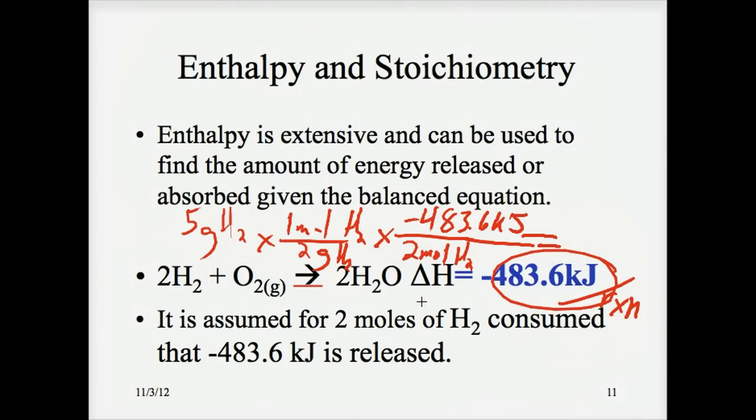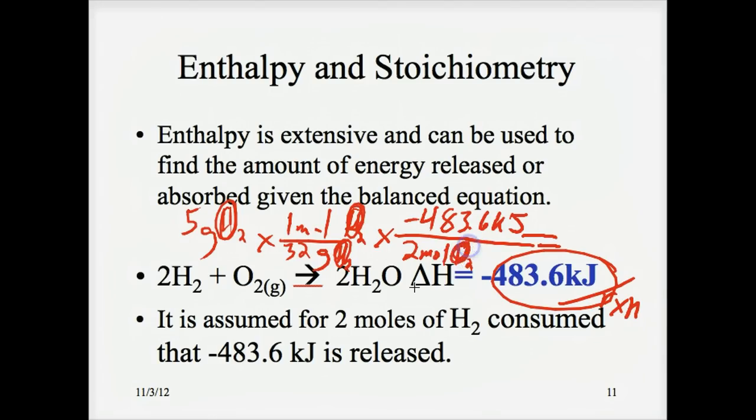Okay, and all I'm saying is that it's per mole of any reactant or product. So with respect to H2, you would put a 2 here. Now if I said 5 grams of water, we could change these all to oxygens. 1 mole of oxygen is 32 grams.